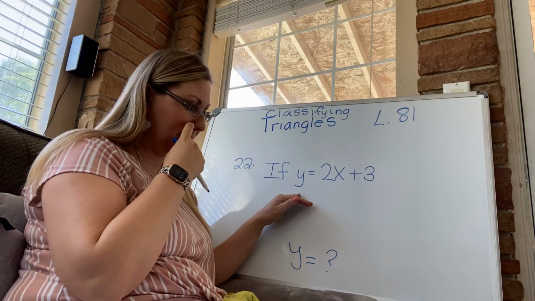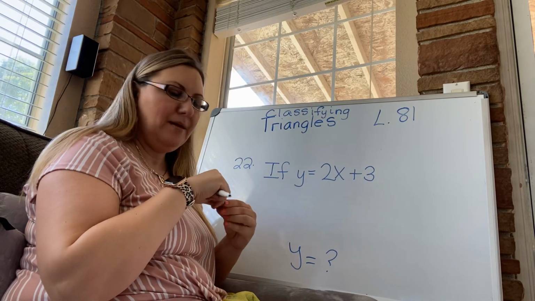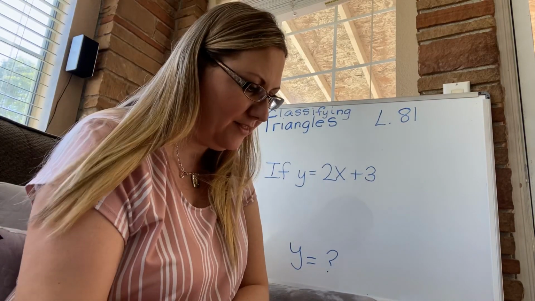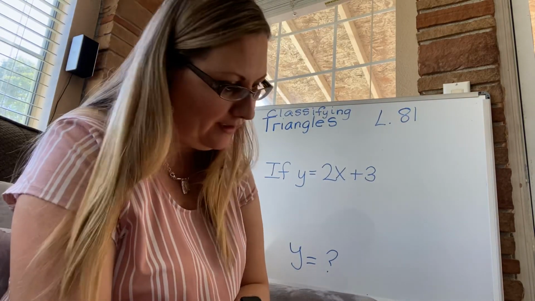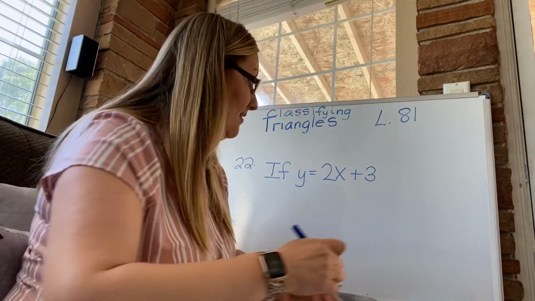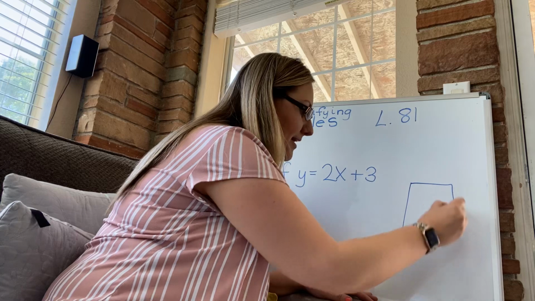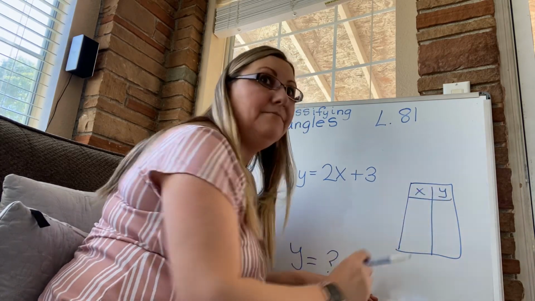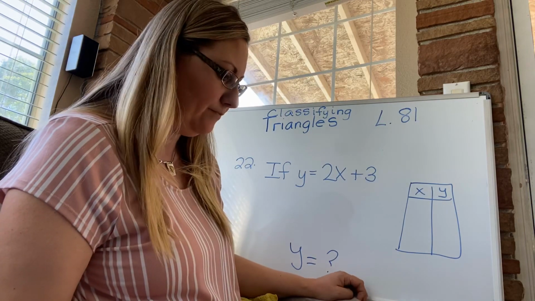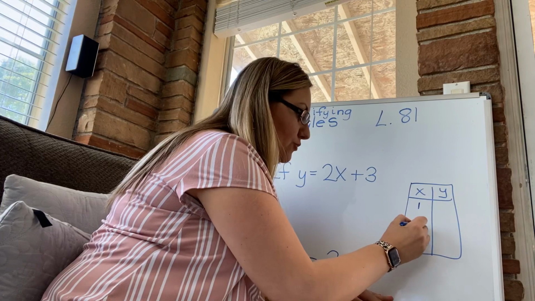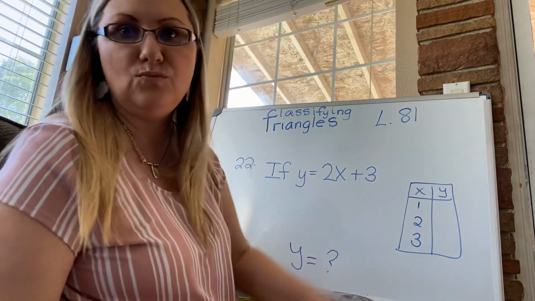If you remember this equation, this is a graphing equation. So we could even put a table off to the side. We learned how to do this, x and y, and we could figure this out. So when x is 1, 2, or 3, the question is, what is y?